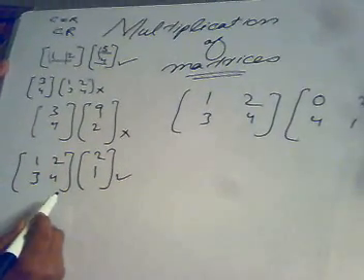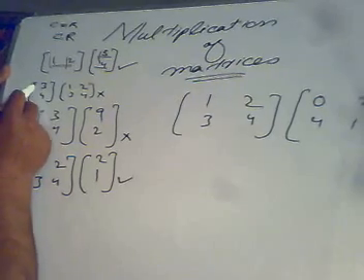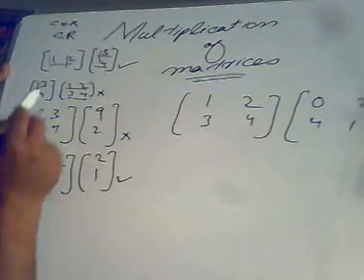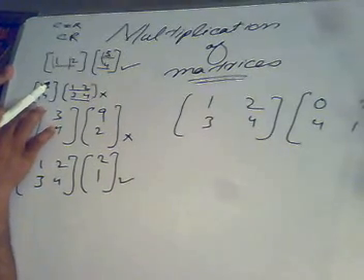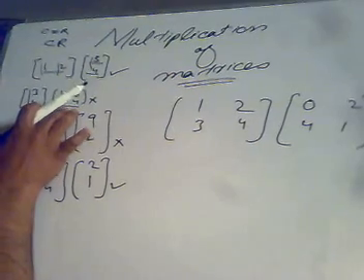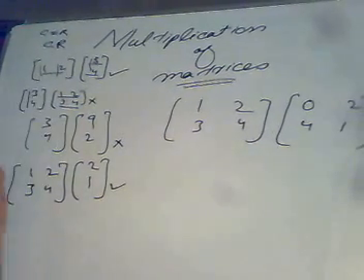On the other hand, in the second example, the number of columns is 1, and here we have 2 rows, so the number of columns in the first matrix is not equal to the number of rows in the second matrix, so we cannot multiply these two matrices.